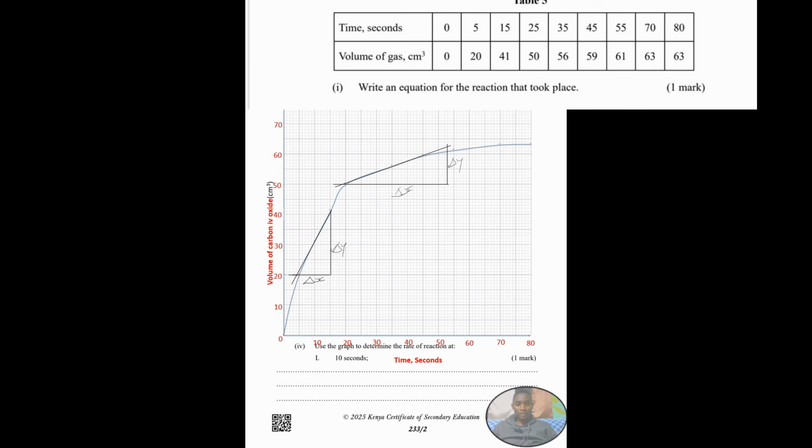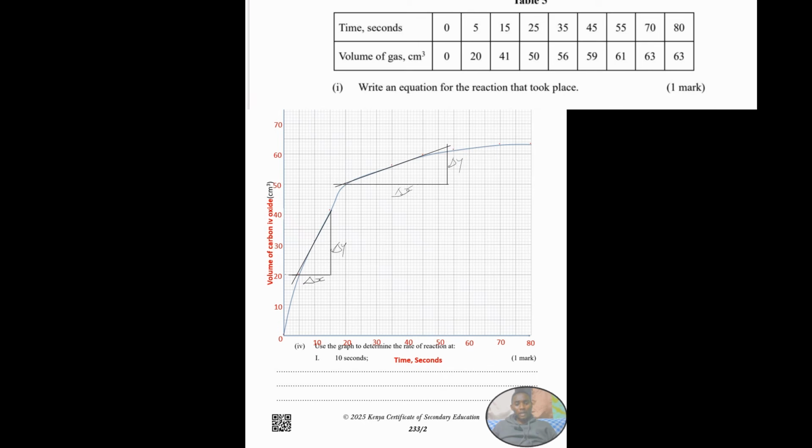The graph is going to be a curve, and you can see we have 3 marks for the curve, plotting, and half a mark for labeling the axis in each case.